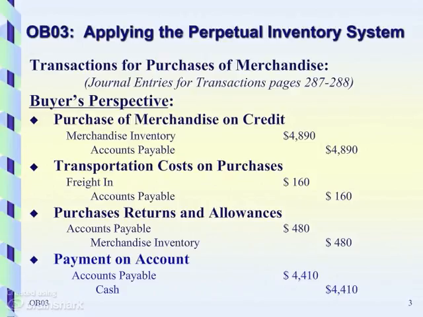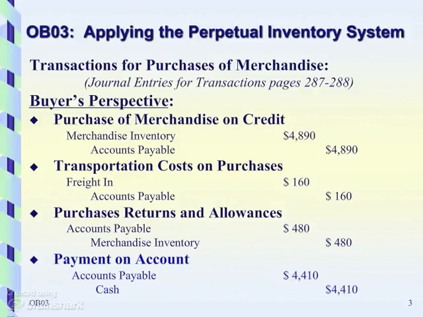The last piece of this equation from a buyer's perspective is when the buyer pays the seller for what they owe. In this case, we see payment on account for the balance of whatever merchandise inventory was not returned. If we look at the first transaction on this slide, initially the buyer purchased $4,890 worth of merchandise on account. They returned a portion of the amount, $480.